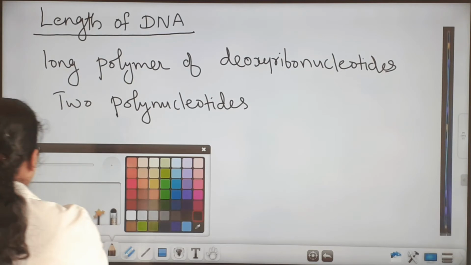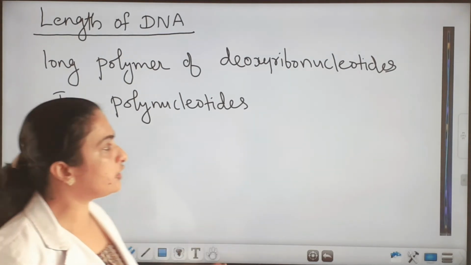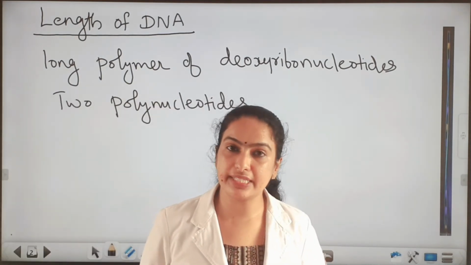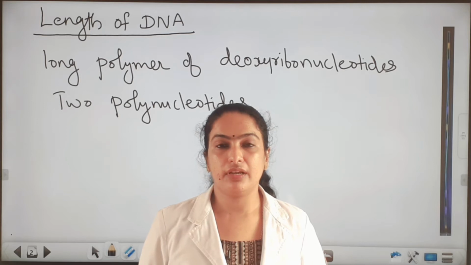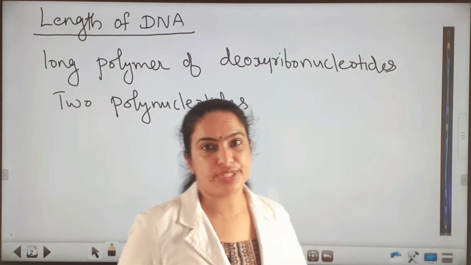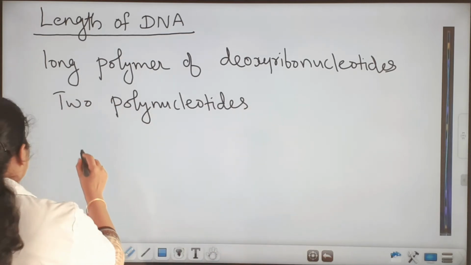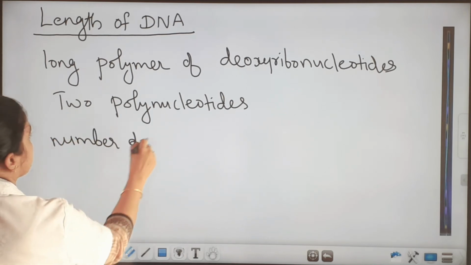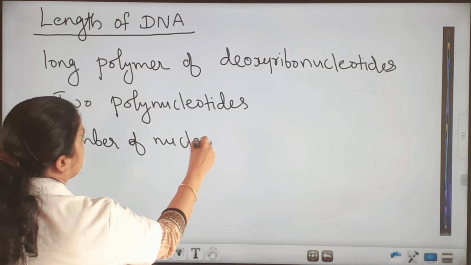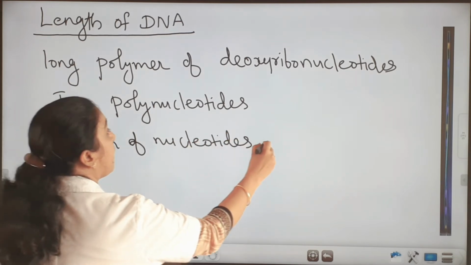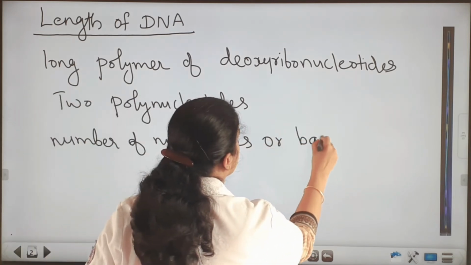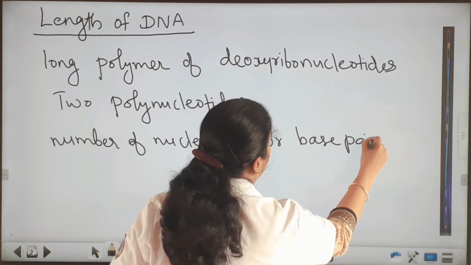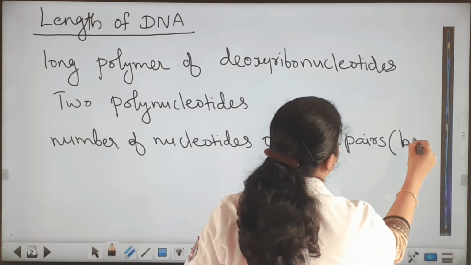Now we can see the length of the DNA. The length of the DNA can be defined as the number of nucleotides, or the number of base pairs.